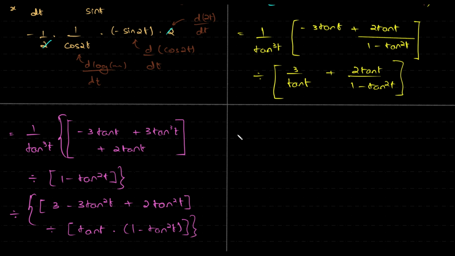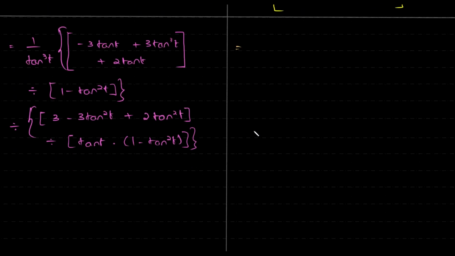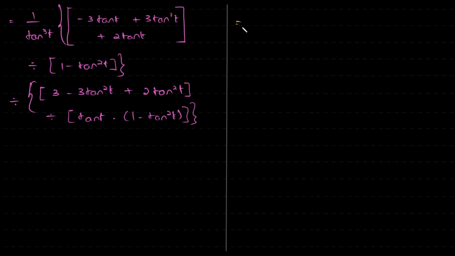So finally, actually not finally, there are a lot of things to be done. So this is the numerator, this is the denominator. So this is 1 by tan cube t, and let me put it across in this manner itself, square brackets.